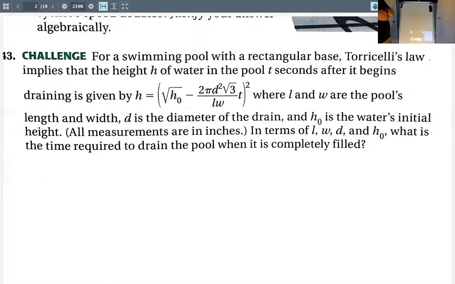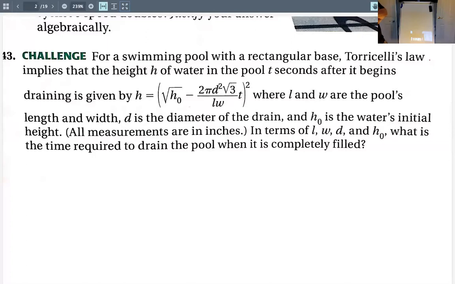The quantity involves the square root of h naught. That h subscript 0 is called h naught, and that naught symbol is used for an initial condition. That's where the height starts when the pool is completely filled.